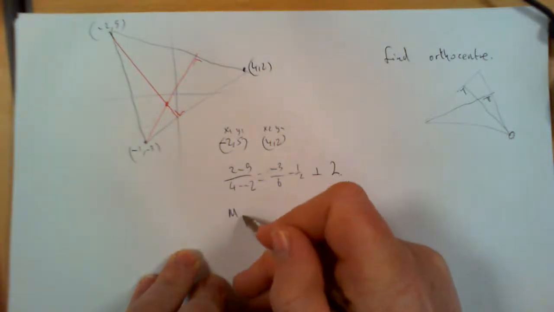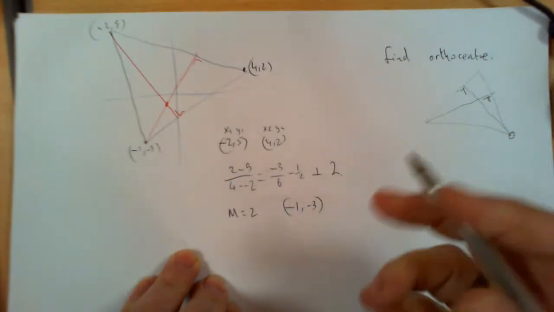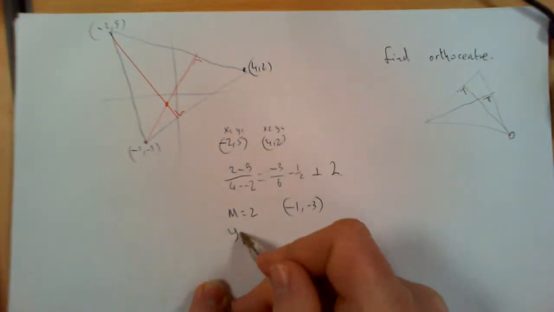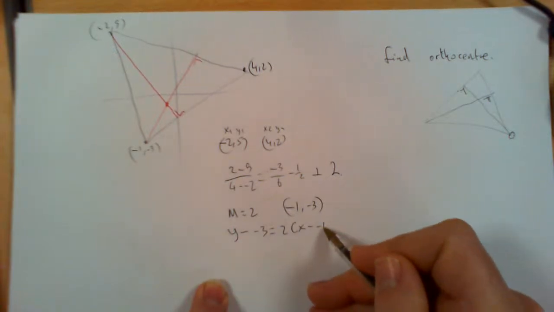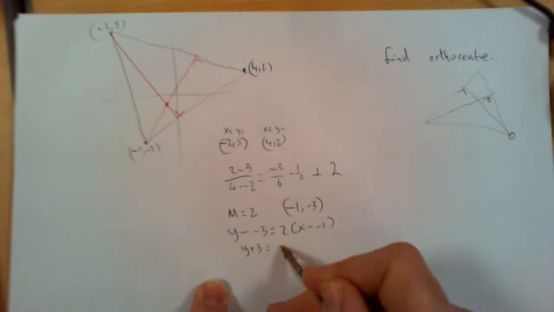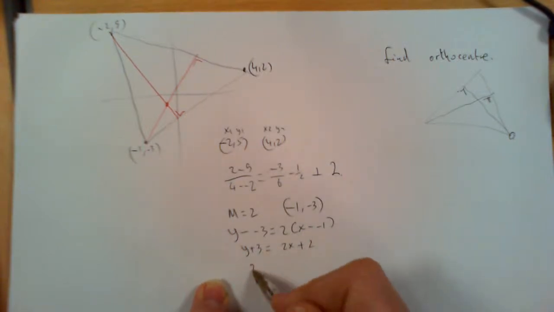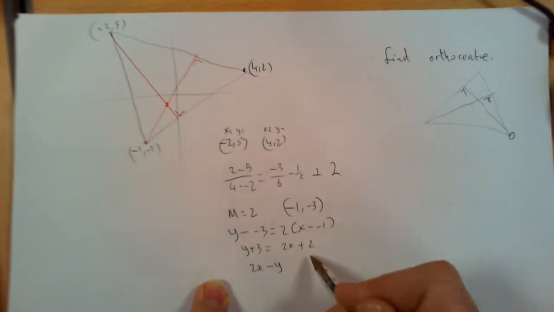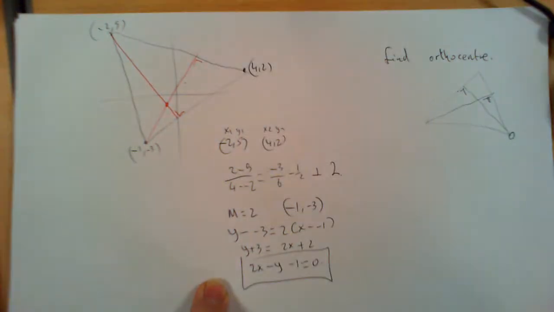Now I have m equal to 2 and a point (minus 1, minus 3). So y minus y1 equals m times x minus x1: y plus 3 is equal to 2x plus 2. That's 2x minus y minus 1 equals 0. That's one equation done.